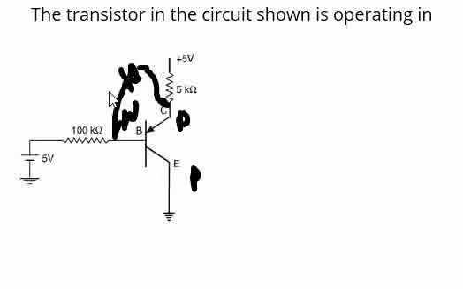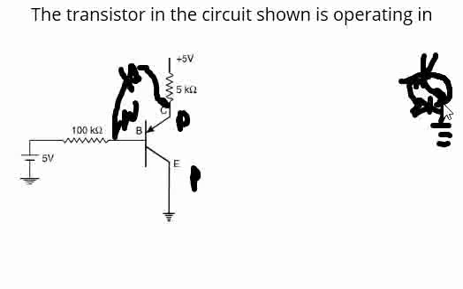In NPN, how do we see? It's just like a diode with a breakdown of 0.7 or whatever, as a diode between the base and the emitter junction. So similarly, you can consider like this.